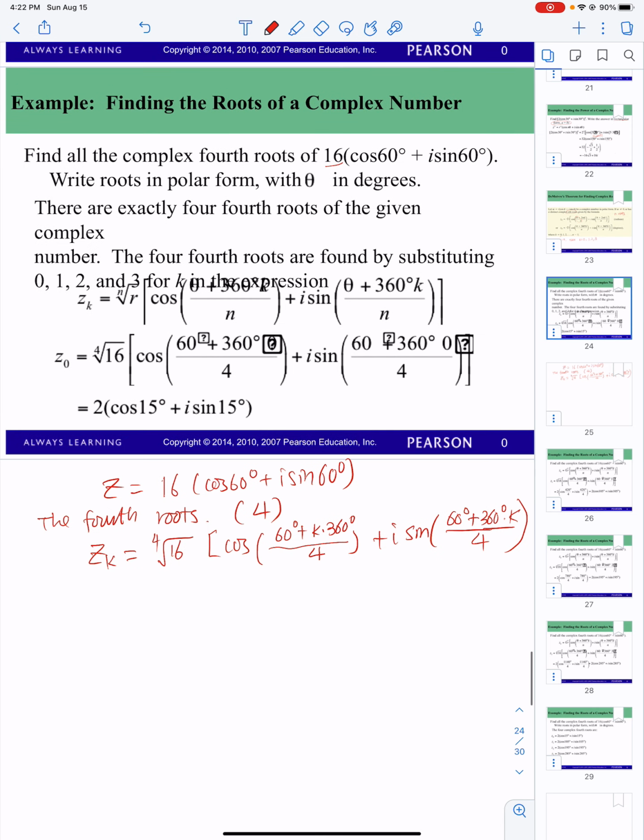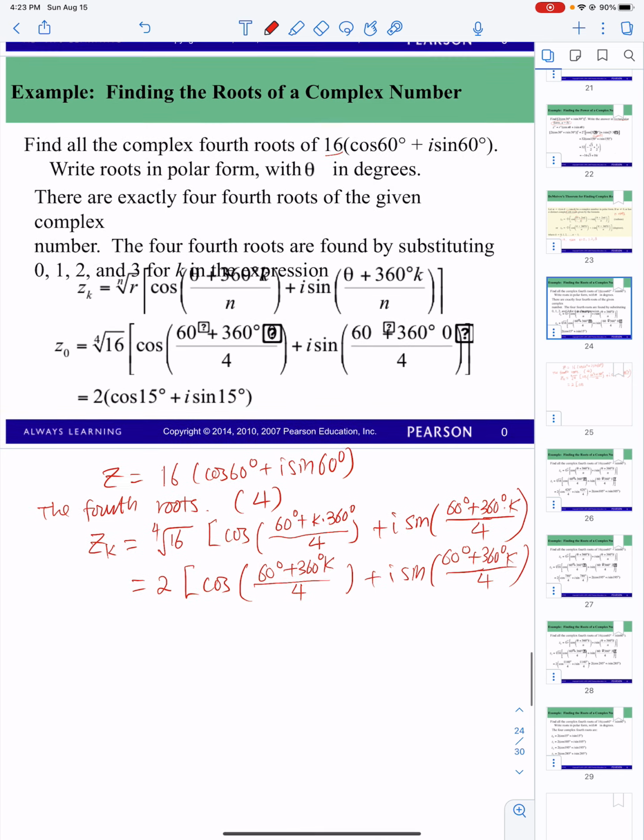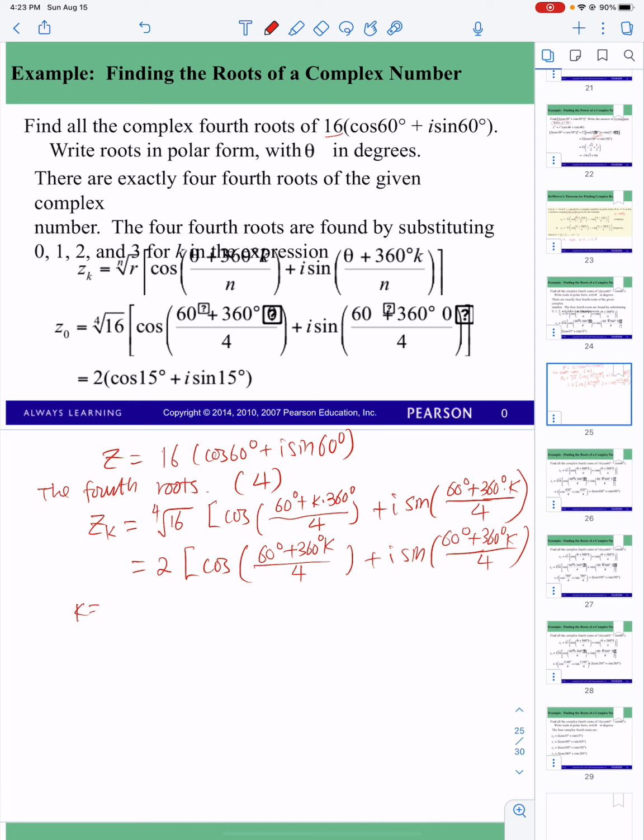Yeah, so then what should we do? Simplify it a little bit. 2 cosine of 60 plus 360 degrees k over 4, plus i sine of 60 plus 360 degrees k over 4. So what will k be equal to? 0, 1, 2, 3.